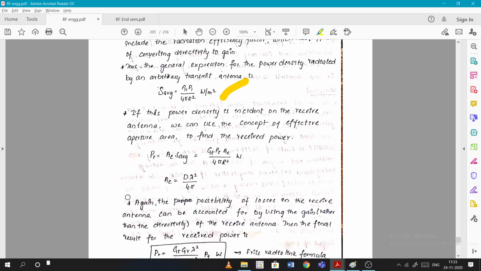If this power density is incident on a receiver antenna, we can use the concept of effective aperture area to find the received power.